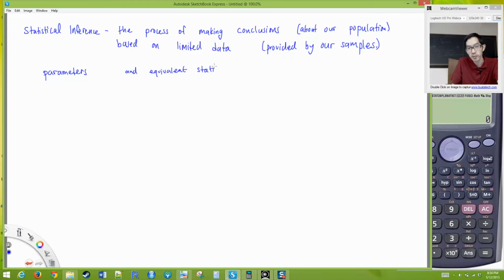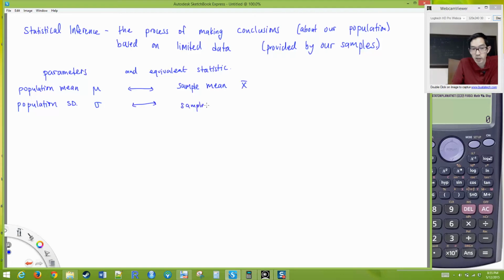We have the population mean, mu, which corresponds with the sample mean, x bar. We have the population standard deviation, sigma, which corresponds to our sample standard deviation, s.